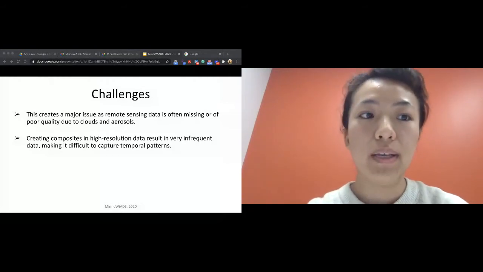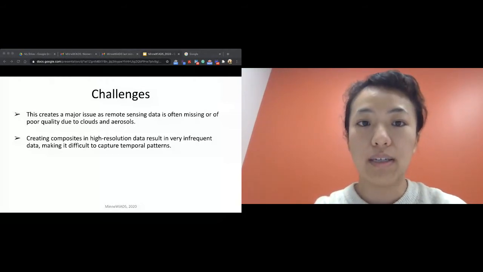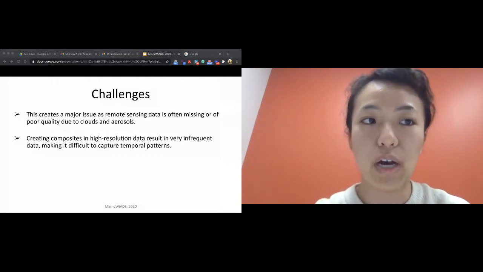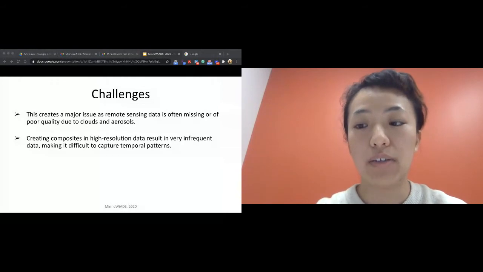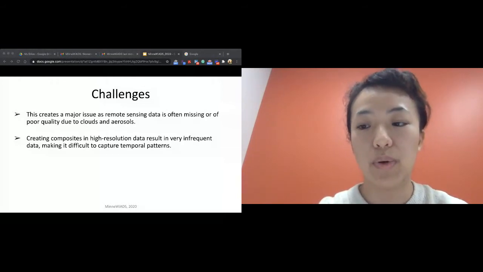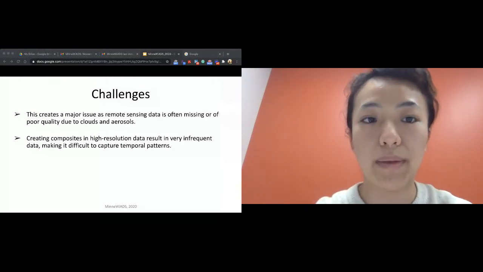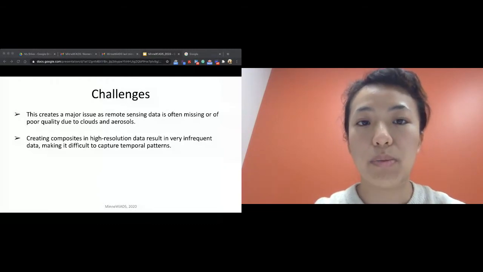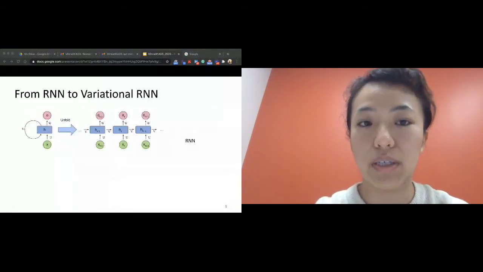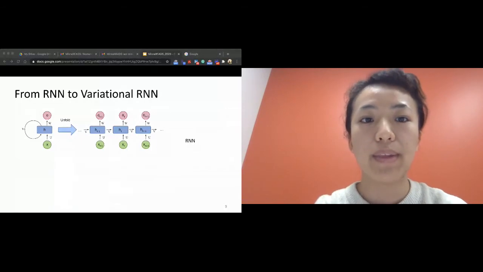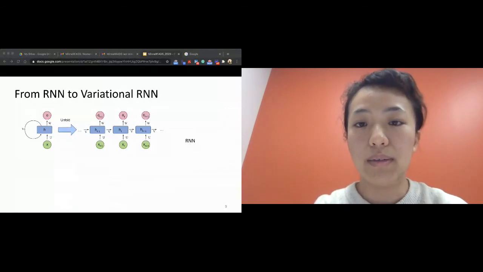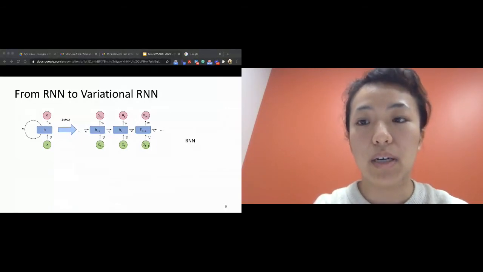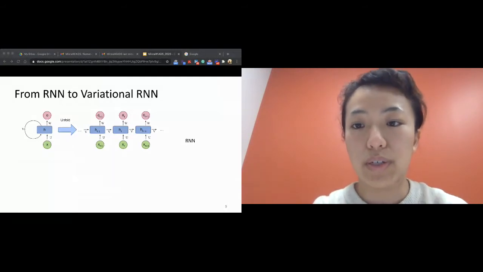Now I want to give an overview of the variational recurrent neural network in a nutshell. This is the model that we're basing our framework upon. This model was proposed by Wang and his student in 2015, and it's a modification upon the vanilla recurrent neural network.